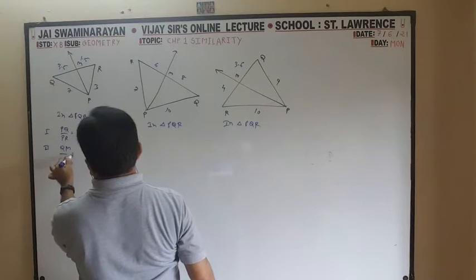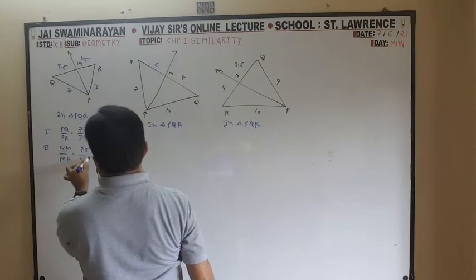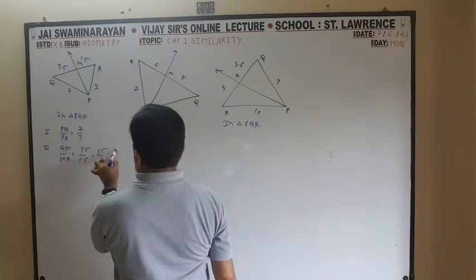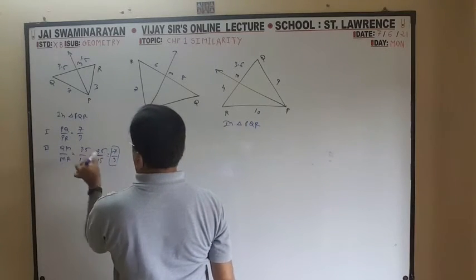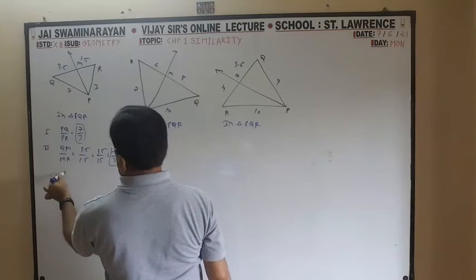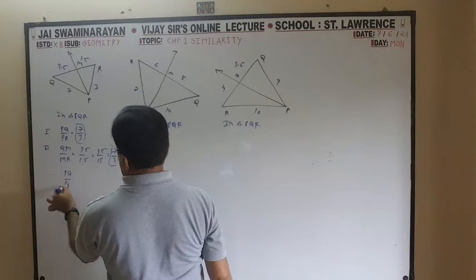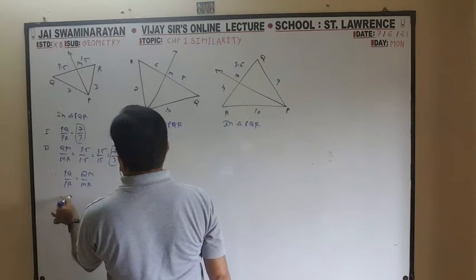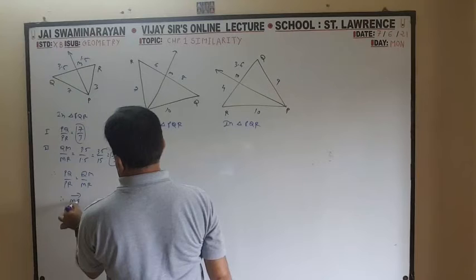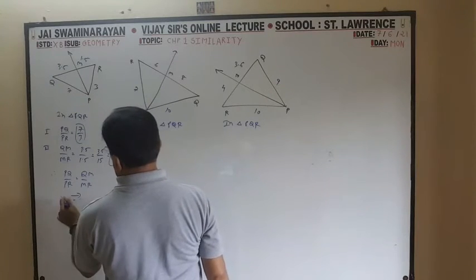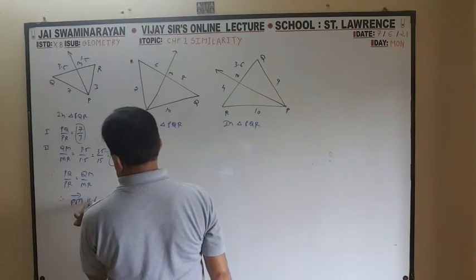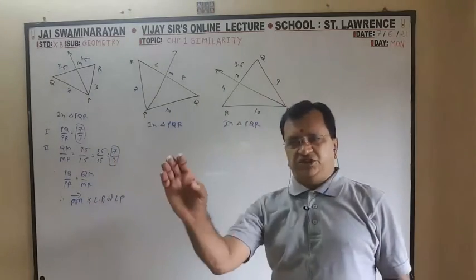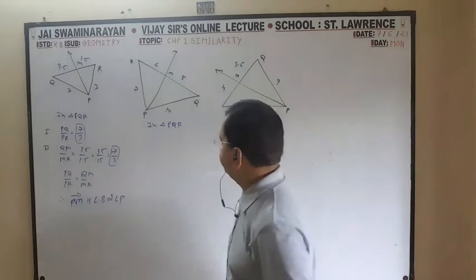QM by MR, 3.5 by 1.5, that is 35 by 15. 5 sevens are 35, 5 threes are 15, so these and these are equal. Therefore PQ by PR is equal to QM by MR. Therefore PM is the angle bisector of angle P. If one ratio is equal to the second ratio, it is bisected.